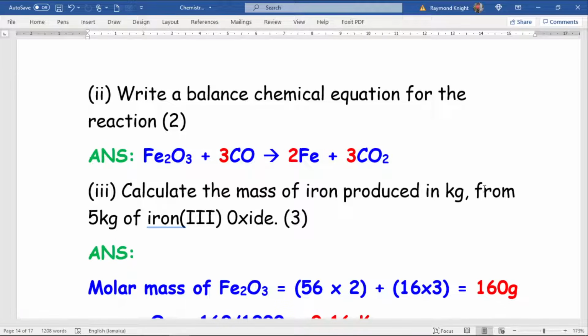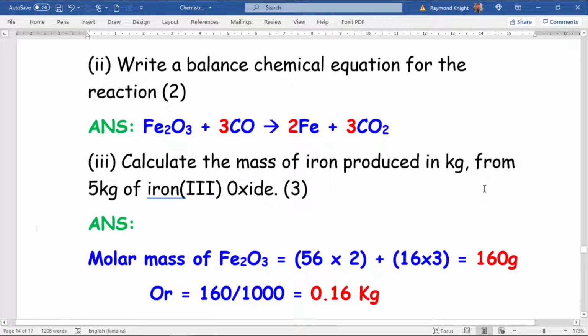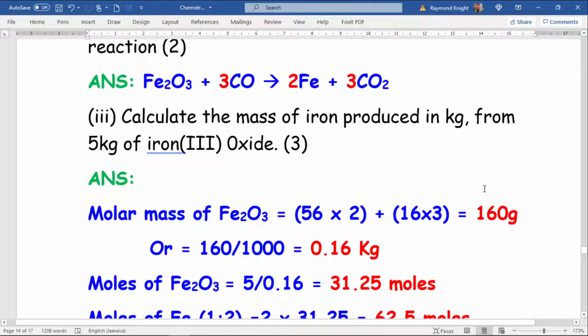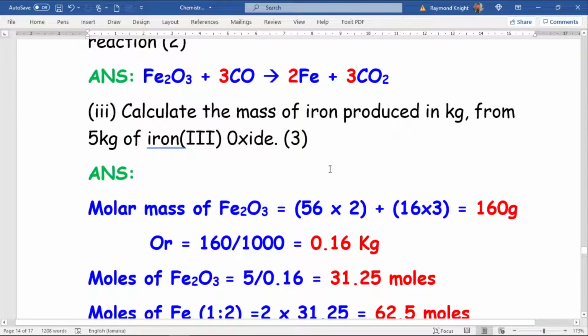Calculate the mass of iron produced in kilograms from 5 kilograms of iron(III) oxide. The first thing you want to find, if you want this in kilograms, is the molar mass of iron(III) oxide. So the molar mass is iron, which is 56 multiplied by 2 because there are 2 atoms of iron, plus oxygen, which is 16 times 3 because there are 3 atoms of oxygen, a total of 160.